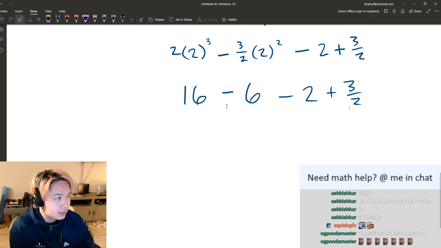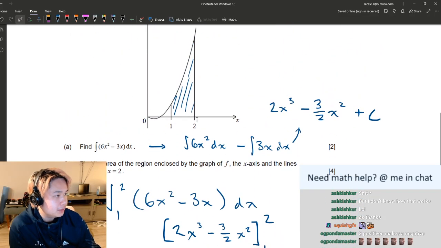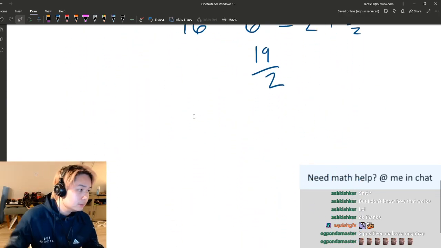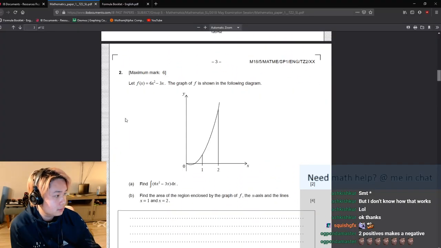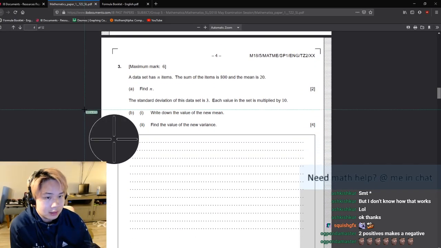So 16 minus 6 is 10, minus 2 is 8. 8 plus 3 over 2 is 19 over 2. So that should be this area right here. Nice, going along smoothly.